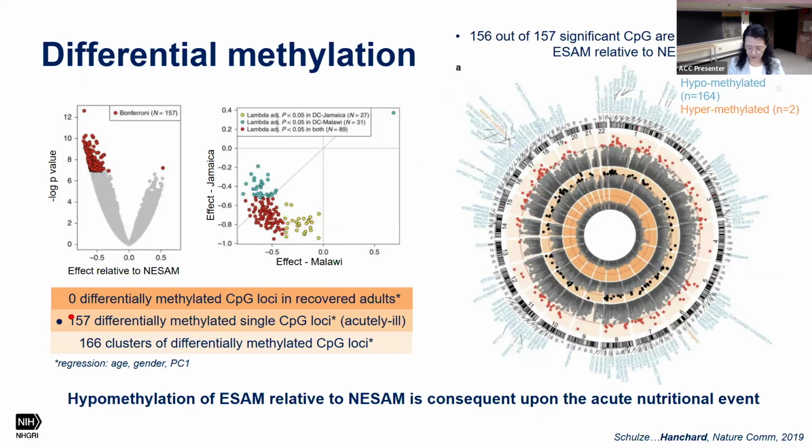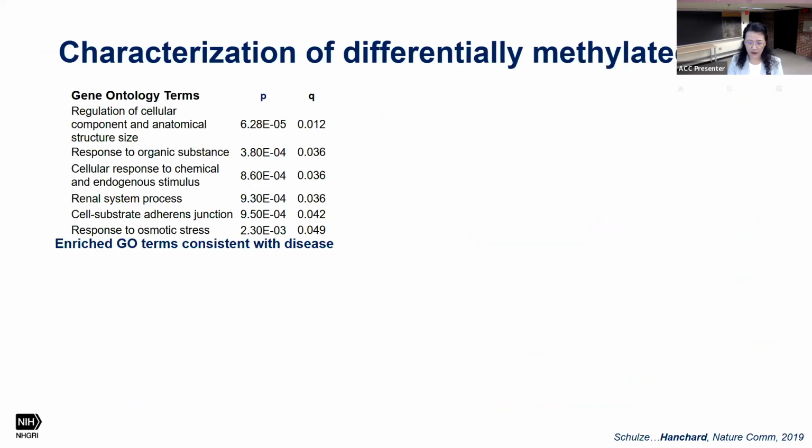In the circle map, the blue labeled ones are the hypomethylated regions, and the orange are the hypermethylated regions. So we can clearly see that the differentially methylated regions correlate with ESAM.